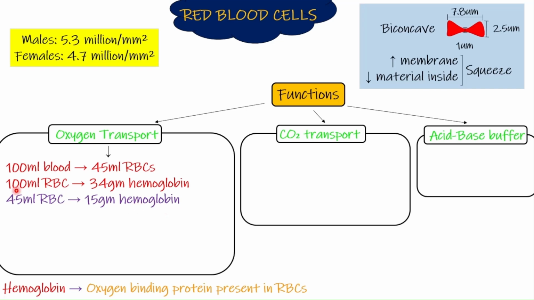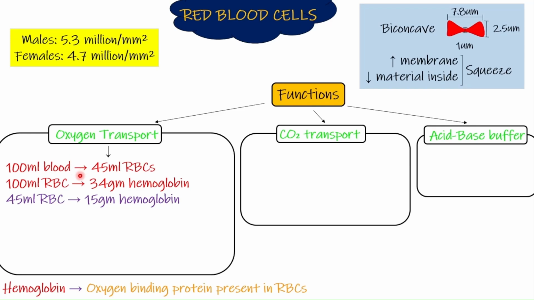If 100 ml of RBCs have 34 grams of hemoglobin, then what is the amount of hemoglobin in 45 ml of RBCs? We basically want to know the amount of oxygen carried by 100 ml of blood.